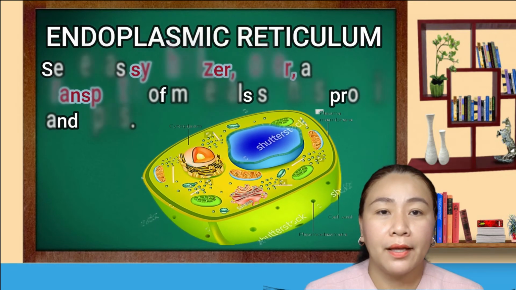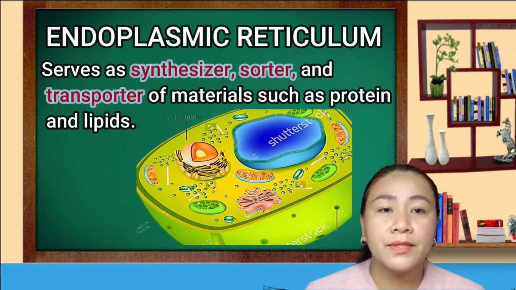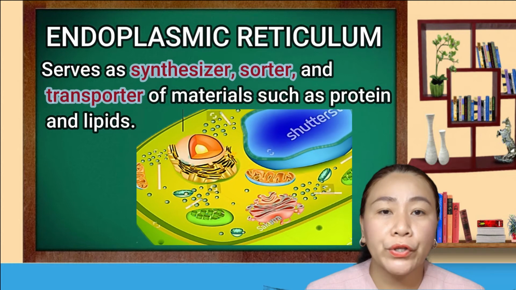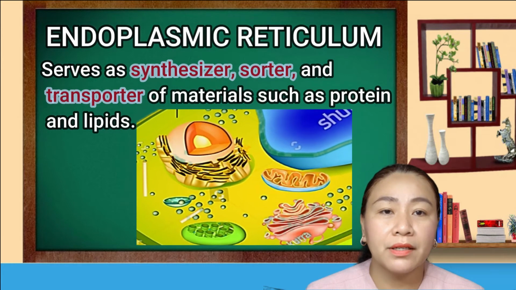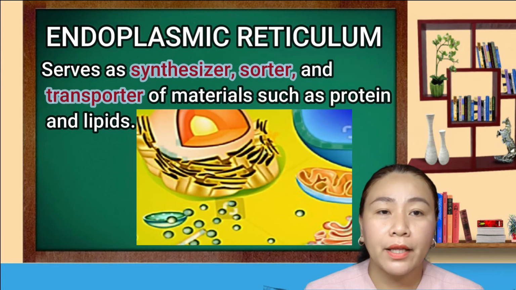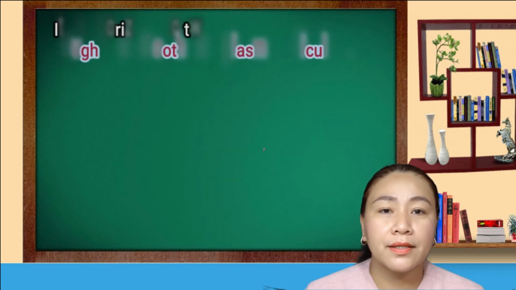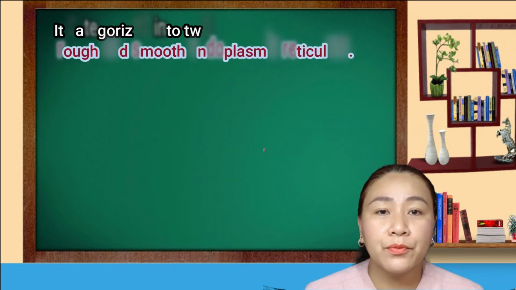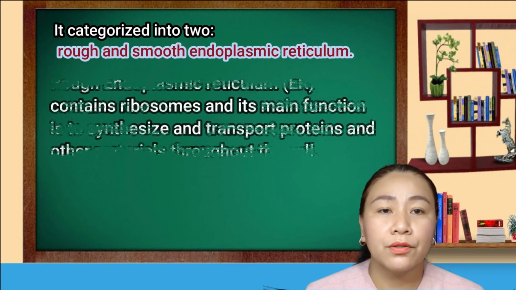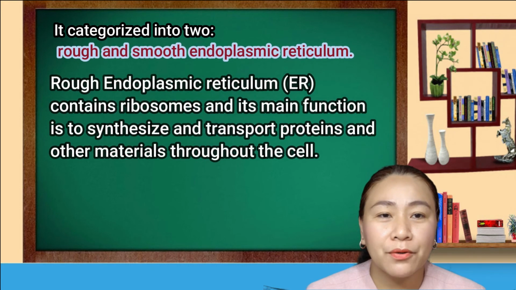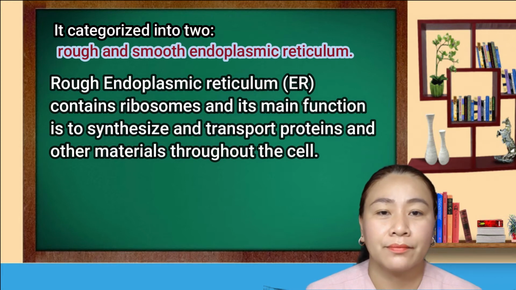Endoplasmic reticulum. Endoplasmic reticulum serves as synthesizer, sorter, and transporter of materials such as protein and lipids. It is categorized into two, rough and smooth endoplasmic reticulum. Rough endoplasmic reticulum contains ribosomes, and its main function is to synthesize and transport proteins and other materials throughout the cell.